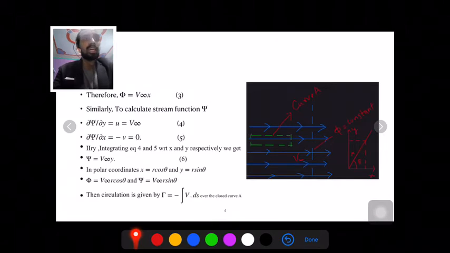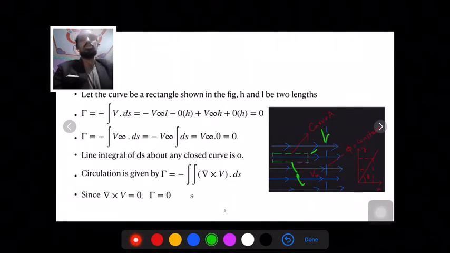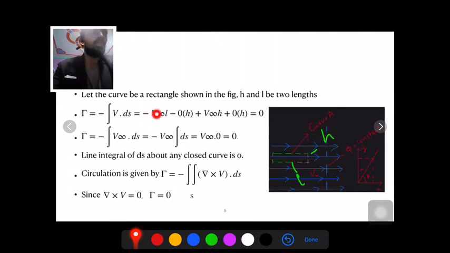So let me take this as your closed curved path, and this let me take as L and this as H. Okay, so now basically you are taking that curve and I'm just going to substitute here. Okay, so that means minus v infinity L minus 0 of h plus v infinity h plus 0 of h. So v infinity h, v infinity L gets cancelled. We are basically left with 0 here.